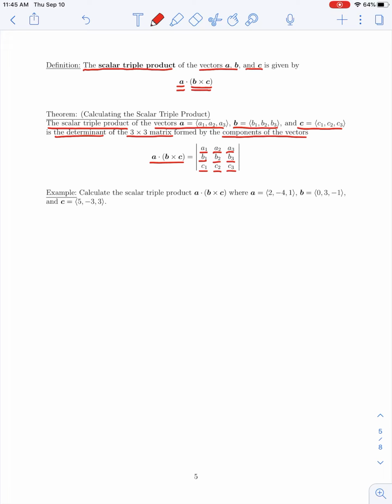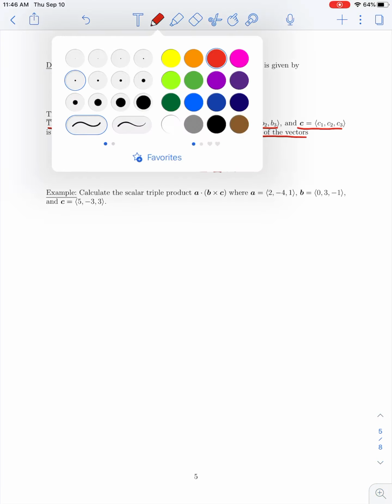So let's look at an example of this. Here we're asked to calculate the scalar triple product A dot B cross C, where A, B, and C are the vectors given here.